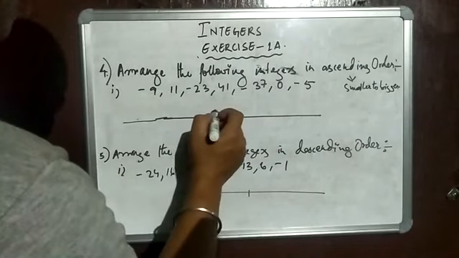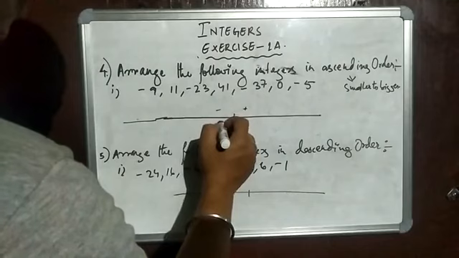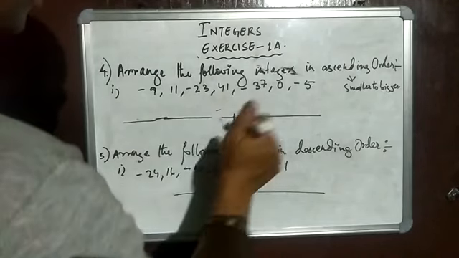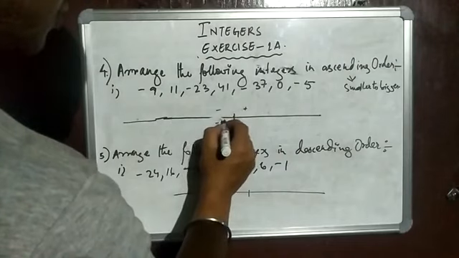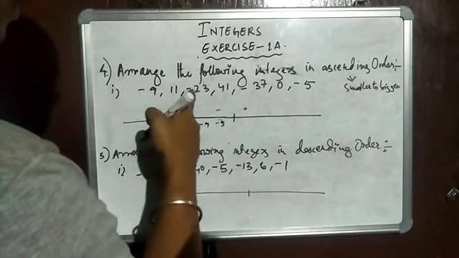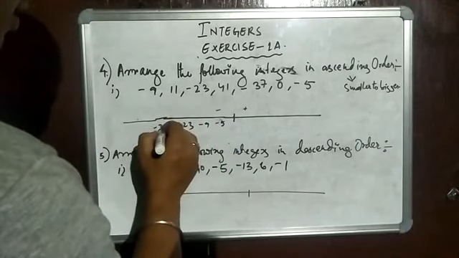We know this side is plus and this side is minus. The first number on the minus side is the smallest one, minus 5. Then we have minus 9, then minus 23, then minus 37.